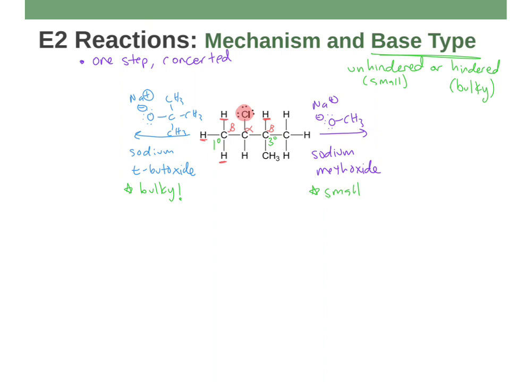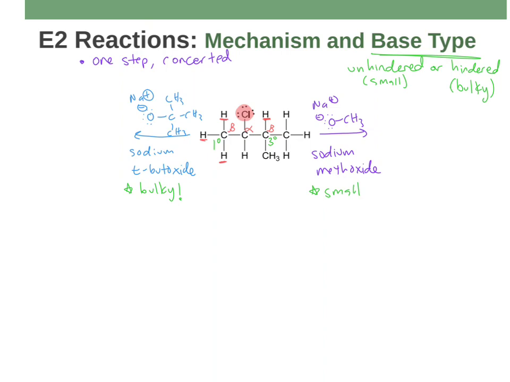Is it going to be easier for my big bulky base to go get the hydrogen in the tertiary spot with all the groups? Or is it going to be easier for my big bulky base to go to the primary spot where there's less stuff in the way, where there are fewer steric interactions? And if we think about this, it's just that the big bulky bases are going to be able to get to the less substituted place easier.